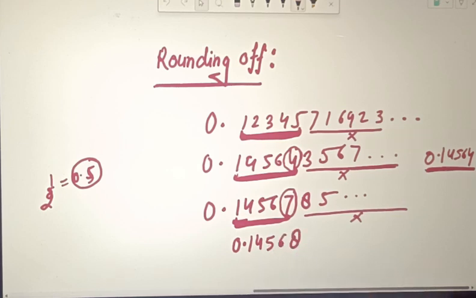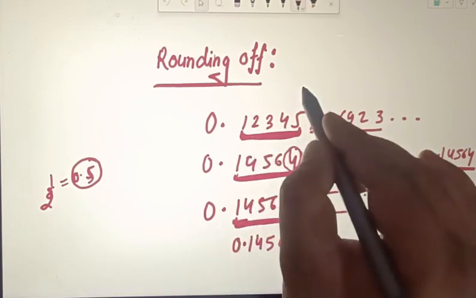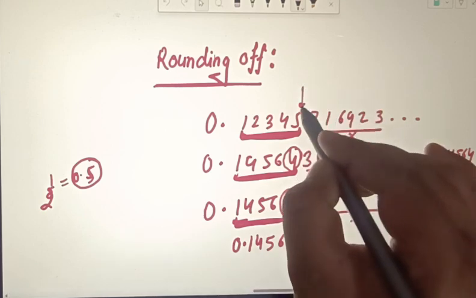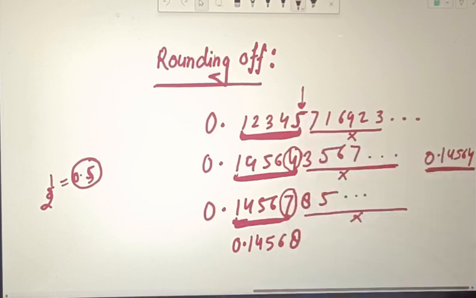And in case it is exactly half a unit in the nth place, then increase the nth digit by unity if it is odd, otherwise leave it unchanged.